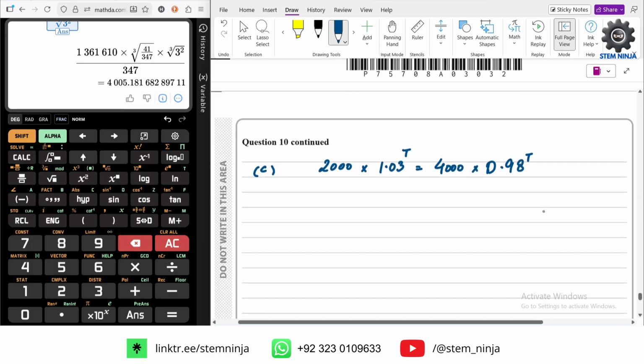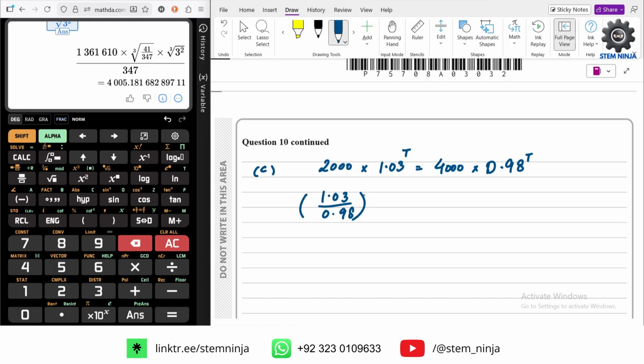Okay, so you can solve this with simple indices also. You can do this with ln also, absolutely fine. So this is 1.03 divided by 0.98 raised to power t equals 4000 divided by 2000, which is just 2. So t ln of 1.03 divided by 0.98 equals ln 2.